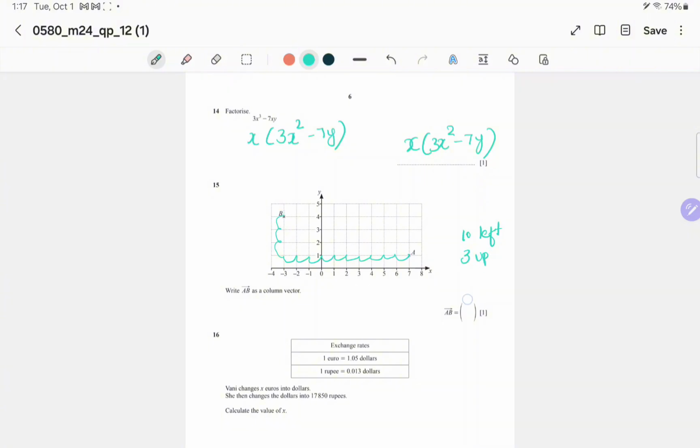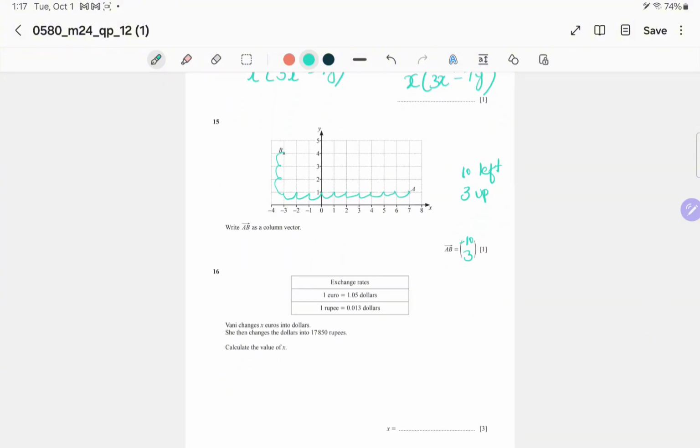So it is 10, 3. It's left, so it is negative. Negative 10, 3.